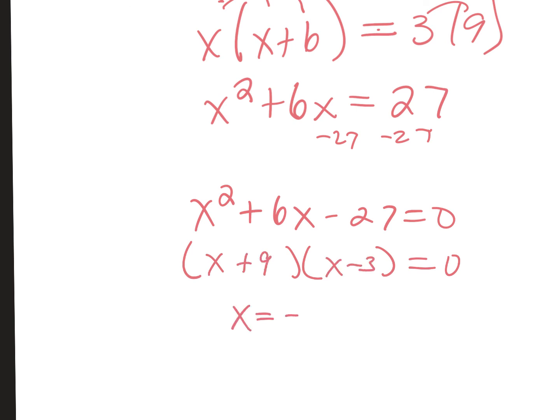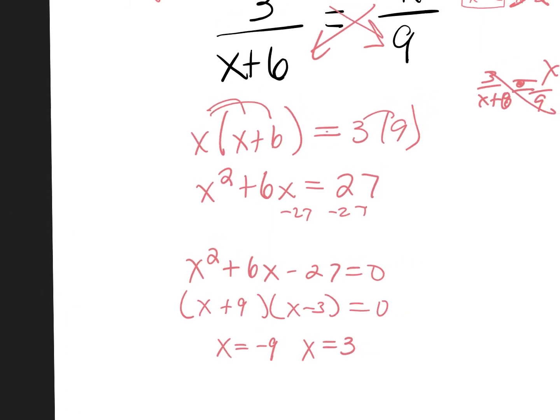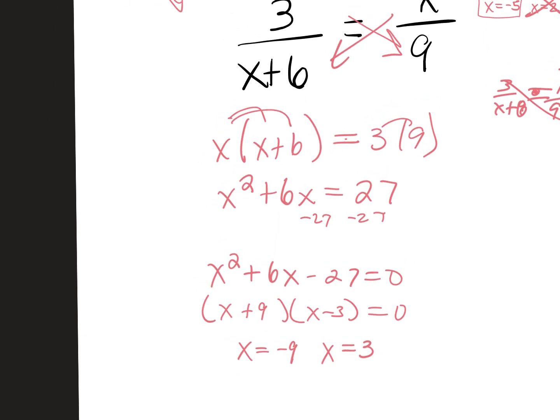So x equals negative 9 and x equals positive 3. Agreed? Okay, go back. If I plug in negative 9 to my denominator, x plus 6, will it be 0? No. What about if I plug in 3?